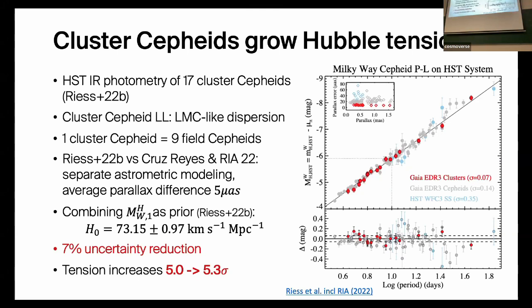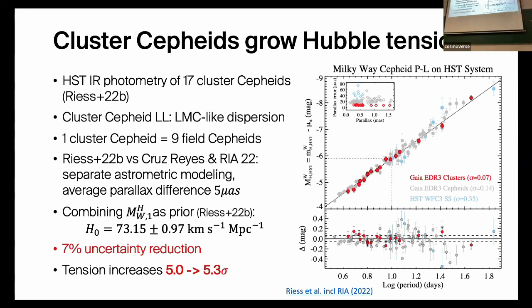You see the red points are the cluster Cepheids, the gray points are field Cepheids that have HST photometry, and the improvement in the scatter is about a factor of 2 between the field Cepheids and the cluster Cepheids. And in fact, this 0.07 magnitude standard deviation here is the same as in the Large Magellanic Cloud, where you have all the Cepheids at the same distance, and you can just look at them as projected onto the celestial sphere, whereas here we have all the objects at various distances.